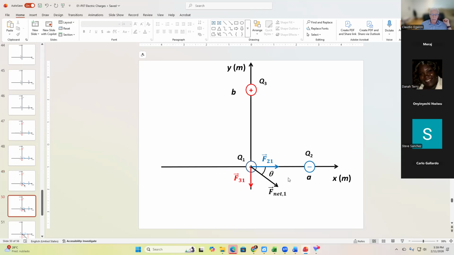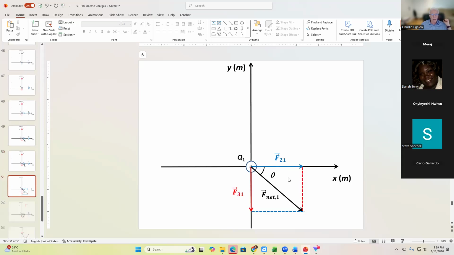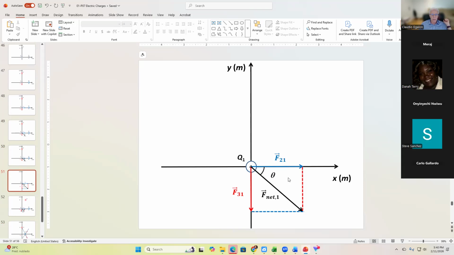Here's the angle theta. And just like in Physics 6, we can calculate what this angle is going to be. The tangent of the angle theta is going to be the magnitude of force F31 divided by force F21, right? And then we can have variations of the situation.